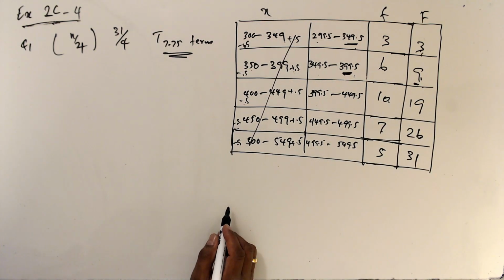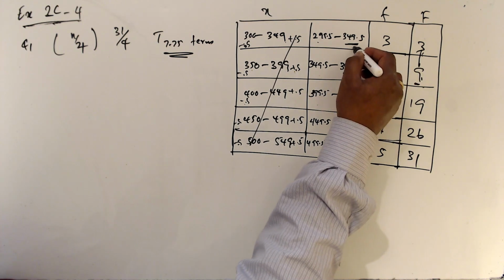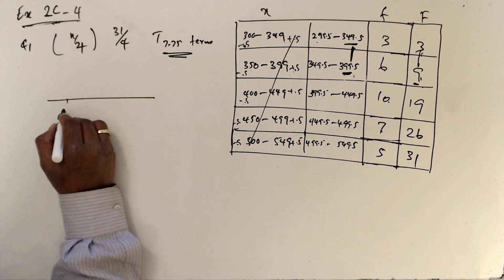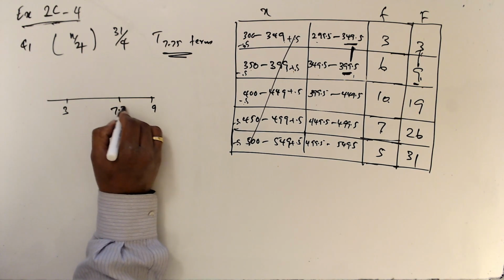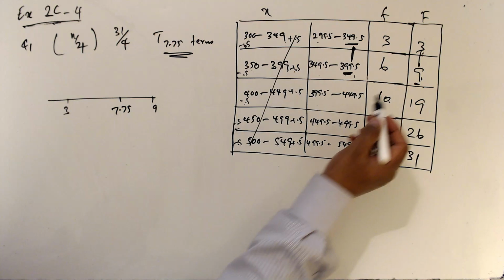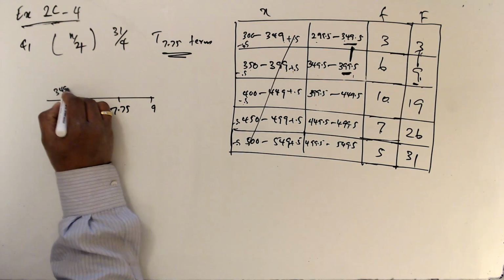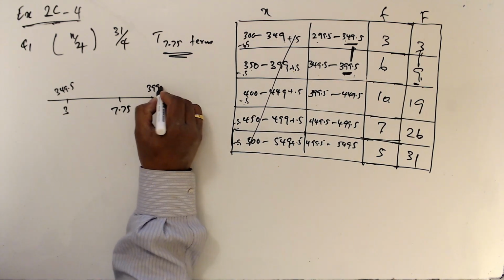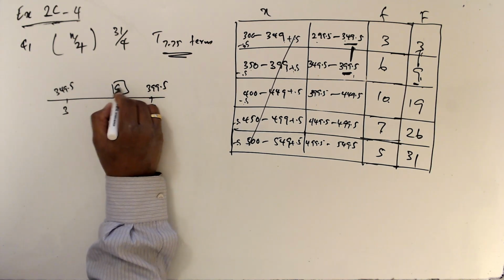Then 7 should be in between, so 7 is between this boundary. So this is 3 and 9. I need the 7.75th term. So 3 at boundary 349.5, 9 at boundary 399.5, and I need this value, that is Q1.